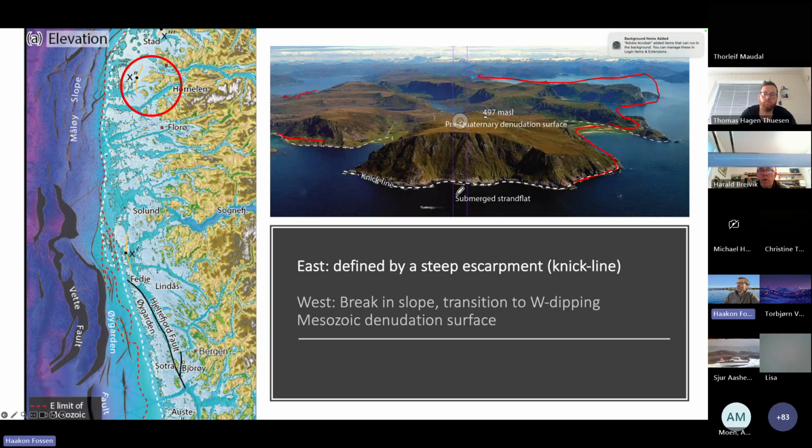It's very steep. In this case, this is up here in the North Fjord area, Vemorland, and most of the strandflat is actually submerged in that part. So we only got a very good view of this recently from the bathymetric data. We'll get back to that area.